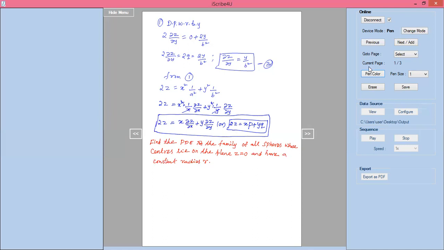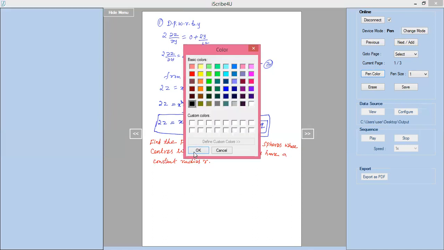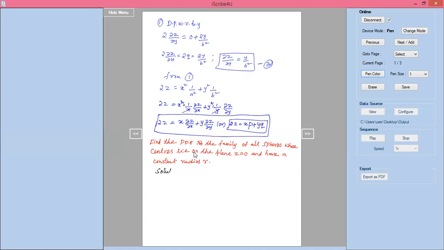Here they have given: find the PDE of the family of spheres whose center lies on the plane z equals 0. If the center lies on the plane z equals 0, then we will get the solution.